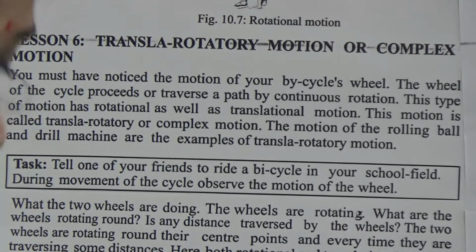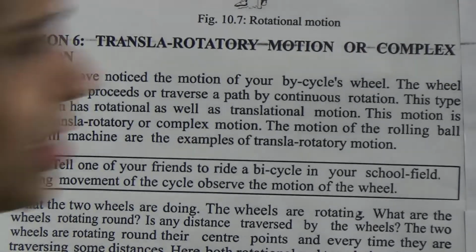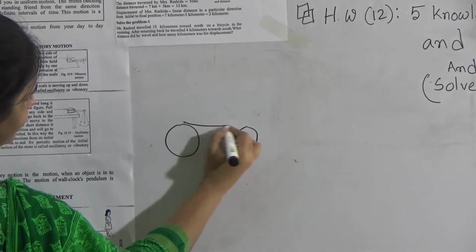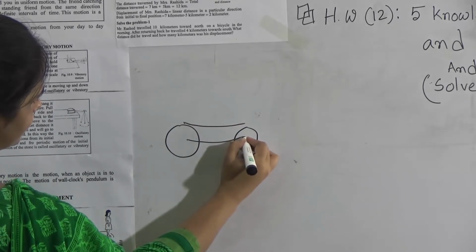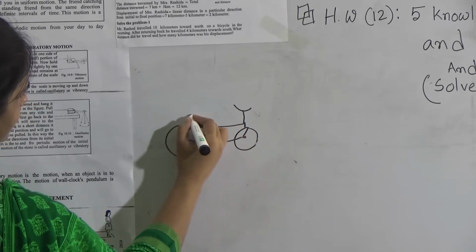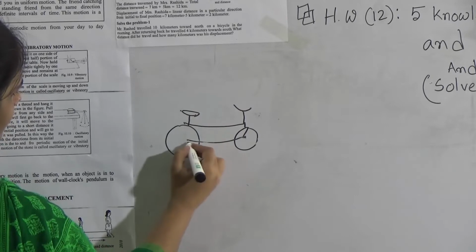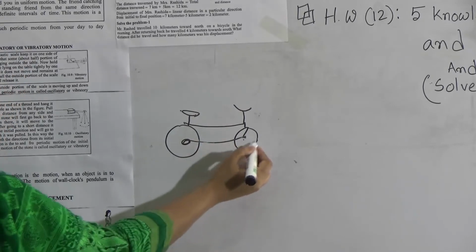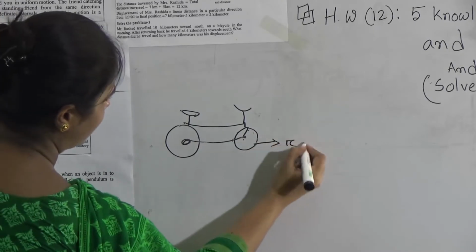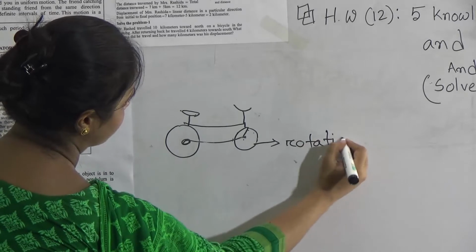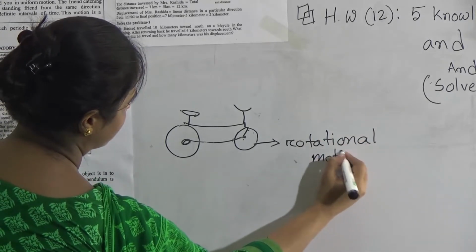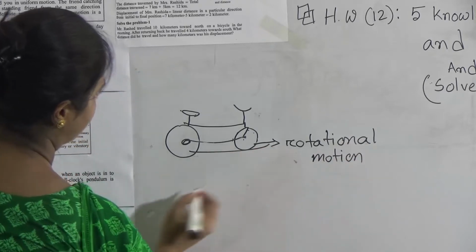Dear students, look here. If it is a bicycle, the wheel is rotating. It has rotational motion. Both wheels.